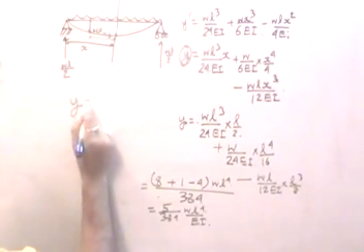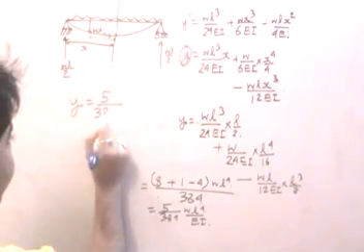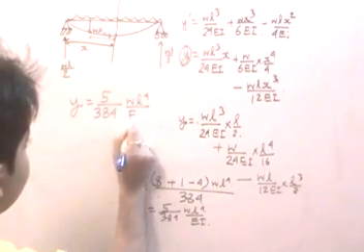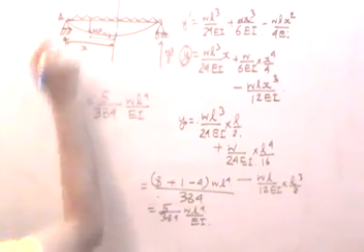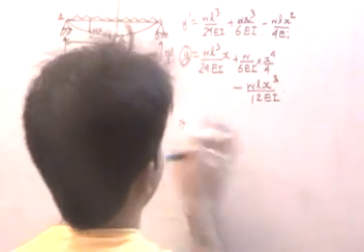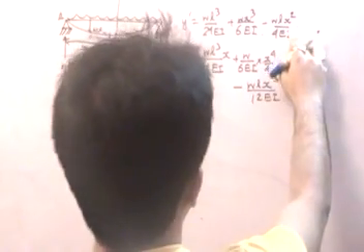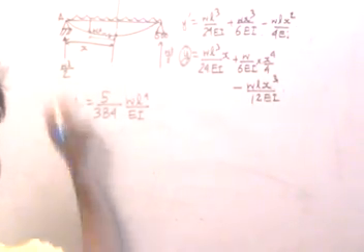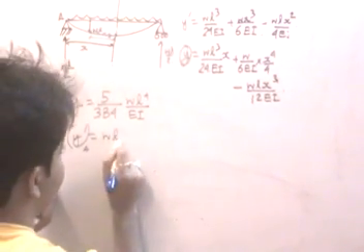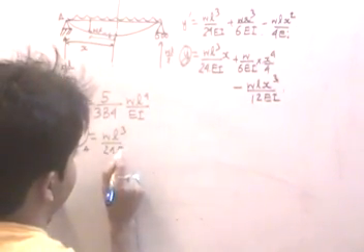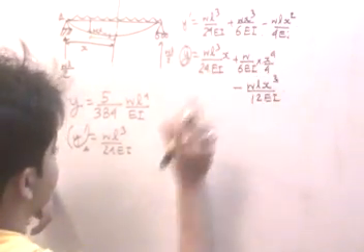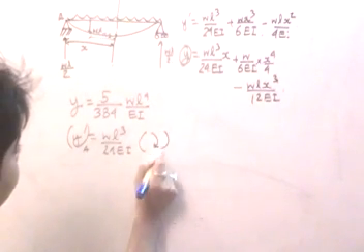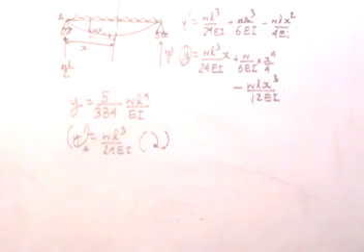So the deflection y will be equal to 5 by 384, which is a constant term, into WL to the power 4 by EI. And the slope at this point A is obtained by putting x is equal to 0, so y dash at A will be equal to WL cube by 24 EI, and this will be in the clockwise direction, right?